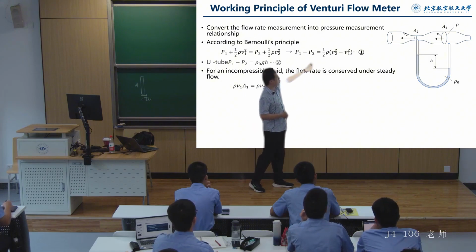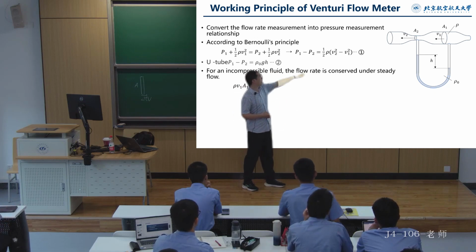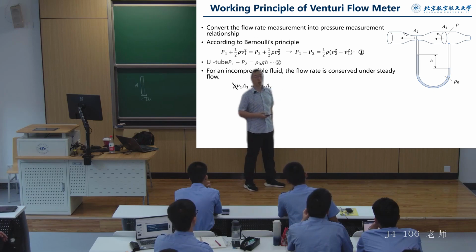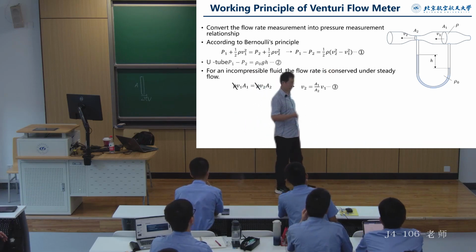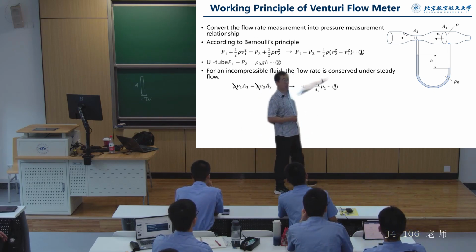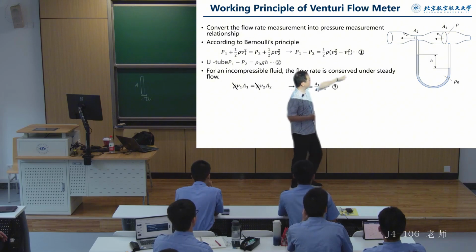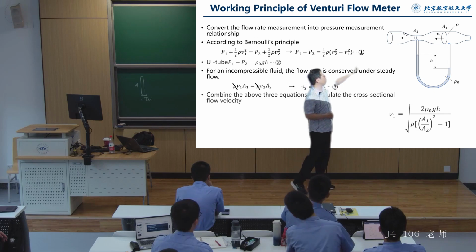For an incompressible fluid, in the case of low-speed flow, we can cancel out the density term. Therefore, at two cross-sections, the flow rate is equal. So we have A1 multiplied by V1 equals A2 multiplied by V2.